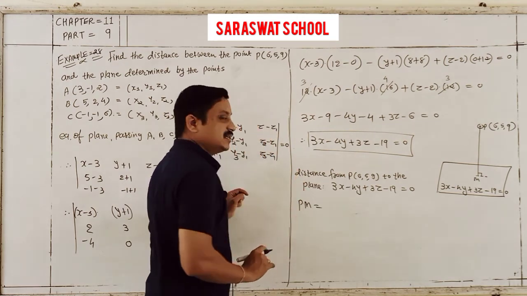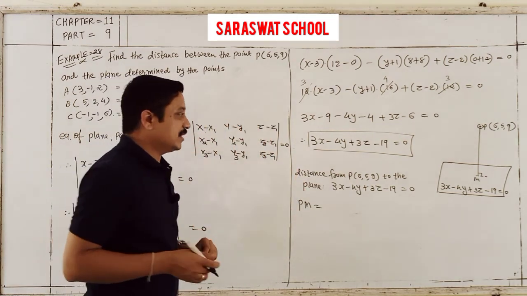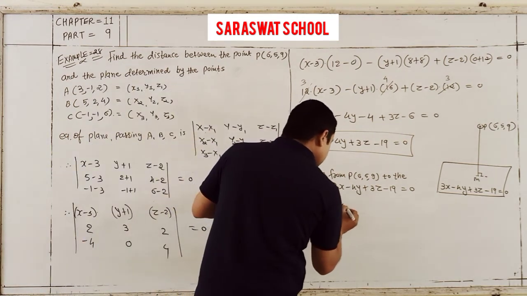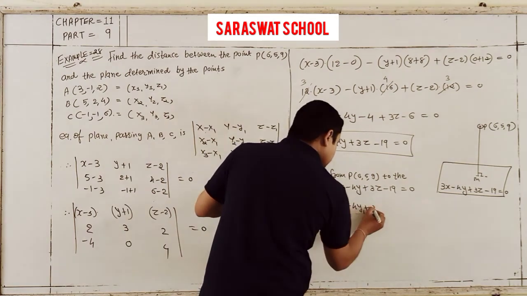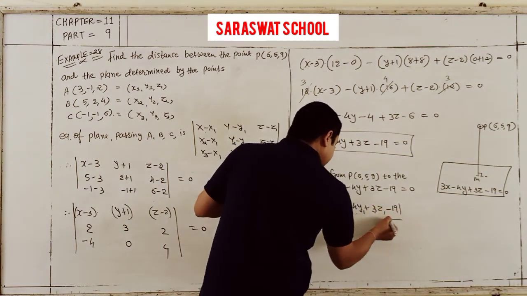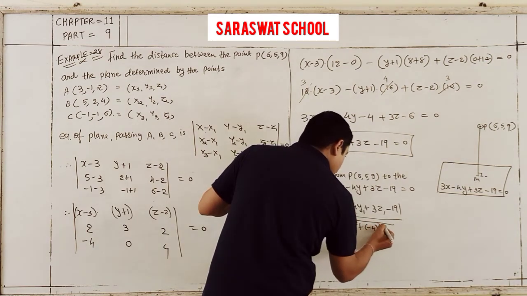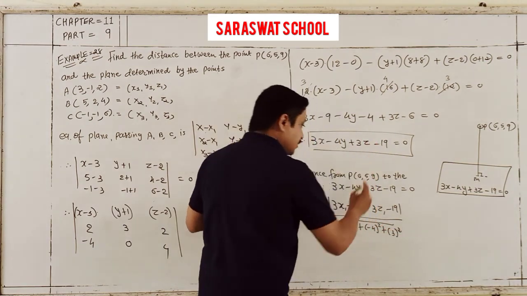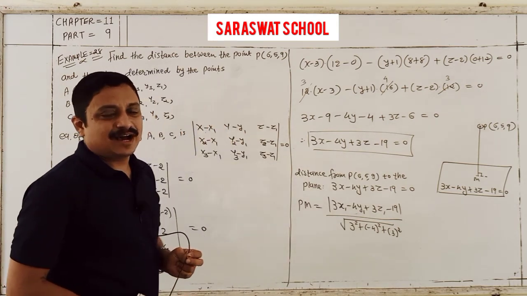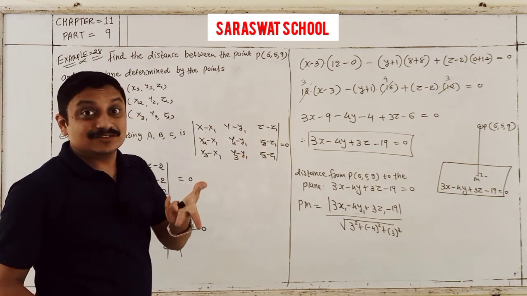Apply the distance formula easily: 3x1 minus 4y1 plus 3z1 minus 19, divided by the square root of 3 squared plus minus 4 squared plus 3 squared. Apply your x1, y1, z1 as 6, 5, 9.